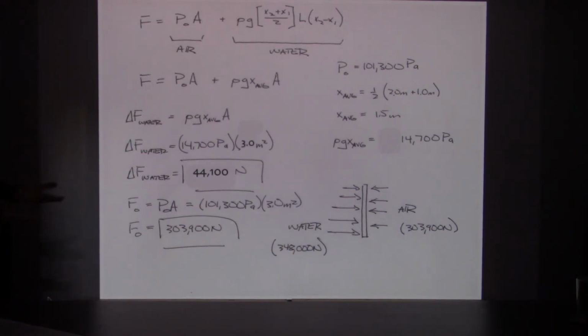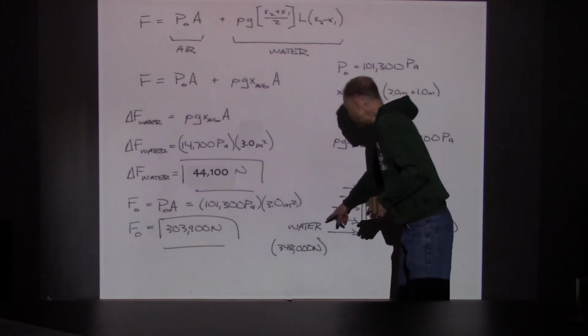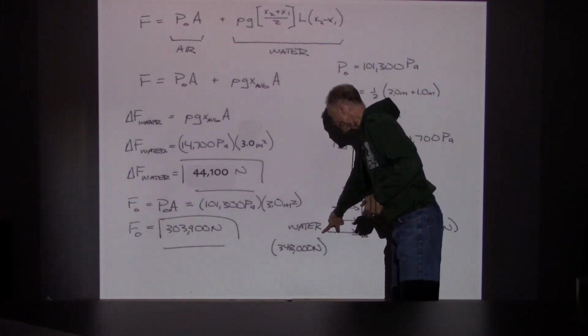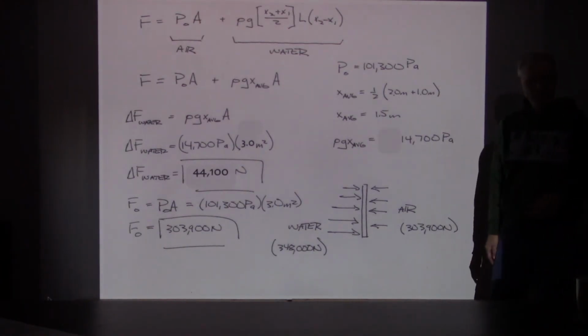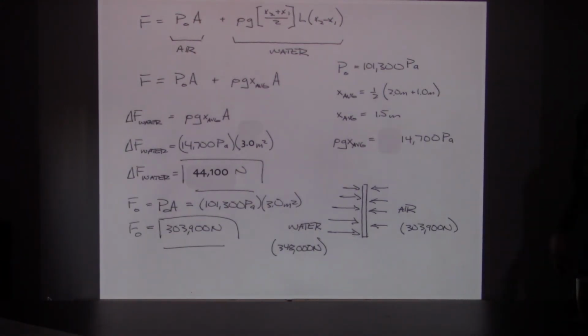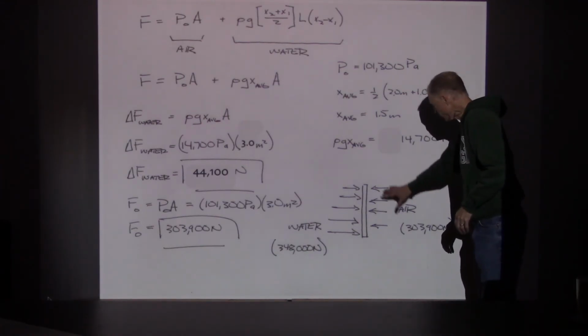Now, if I'm designing this, I don't have to make the window strong enough to withstand 348,000 newtons as long as air pressure is maintained outside. It's a science museum, right? We're not going to create a vacuum out here and eliminate the air.